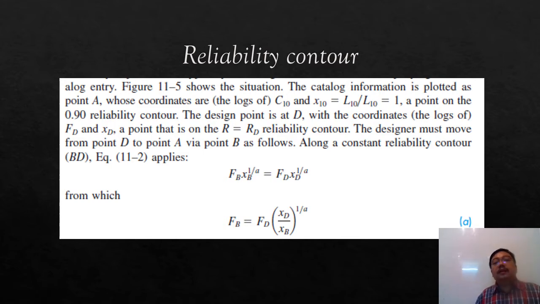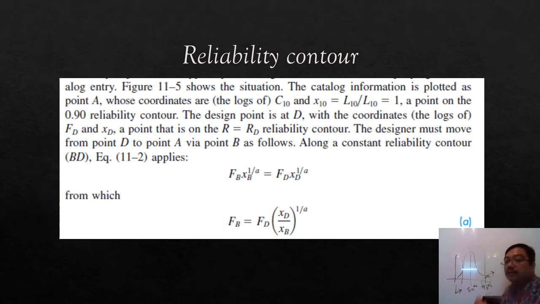Again, I would like to remind you that L10 refers to the 10th percentile, like this is the 50th percentile and this is the 90th percentile. Point A with 90 percent is a reliability contour, so you don't go beyond this.